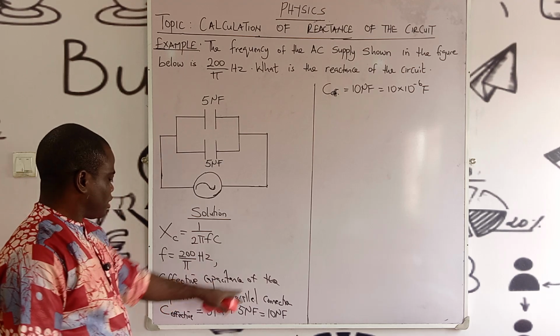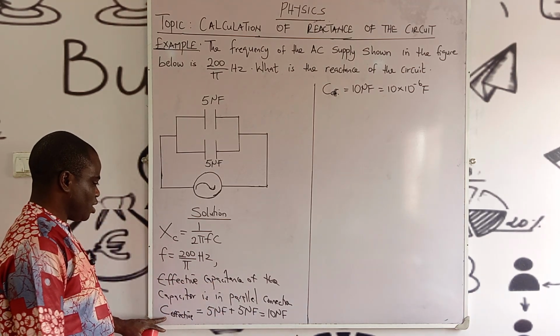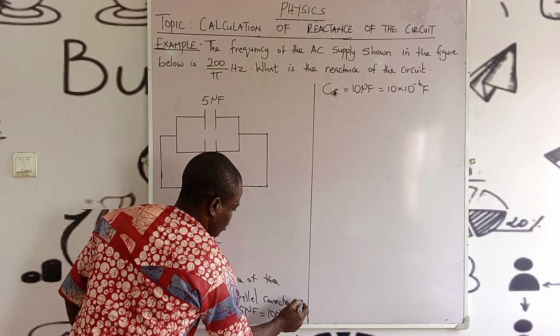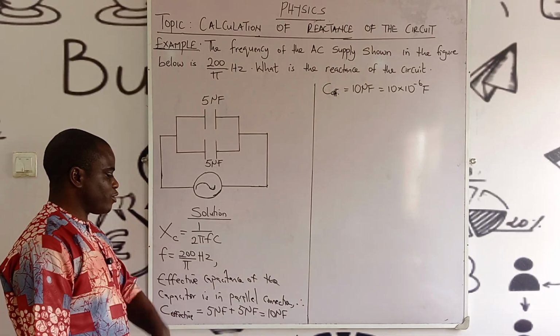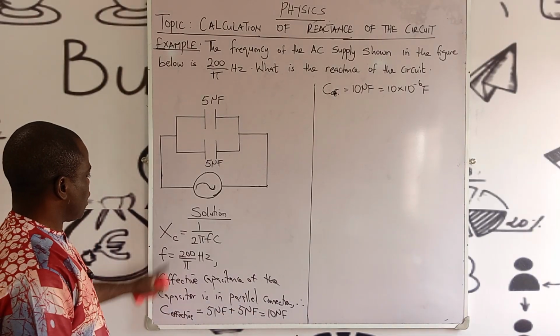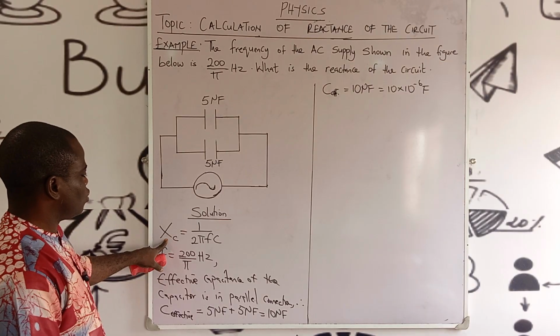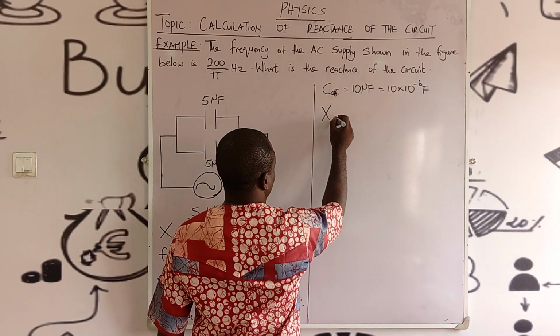The effective capacitance of the capacitor in parallel connection: C effective equals 5 microfarad plus 5 microfarad equals 10 microfarad. Now, you go back to your formula.